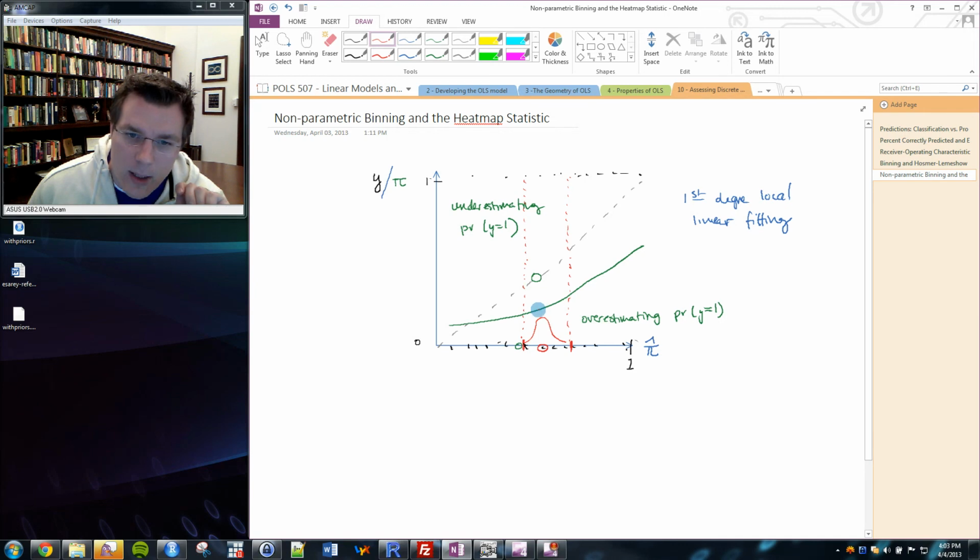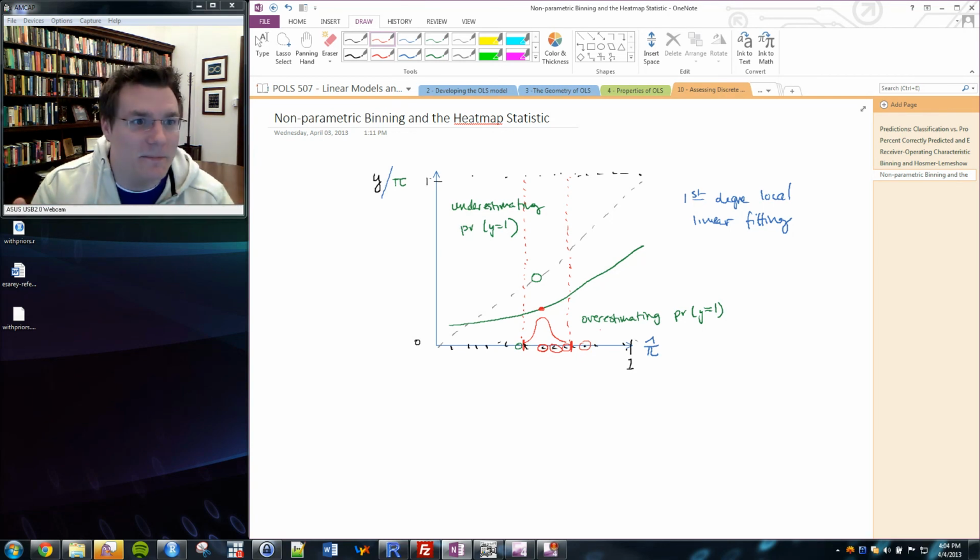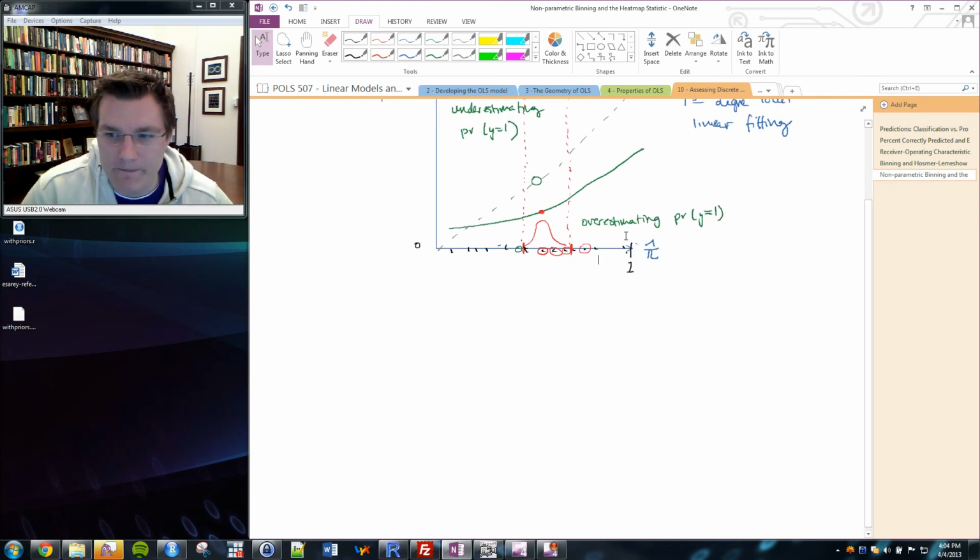Then the height of that bin we've constructed on the fly becomes our point on this lowess curve, and then we can slide the bin to the left or to the right to move on to the next observation and the next observation and so on. So it's as though, instead of grouping the observations into bins, we make n many bins, one for each observation, where the bin is specially constructed for that observation to give a very good estimate of the empirical probability pi that y equals 1.